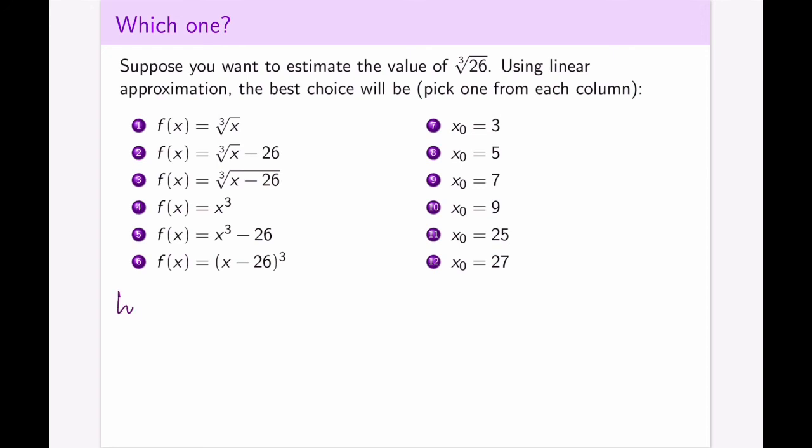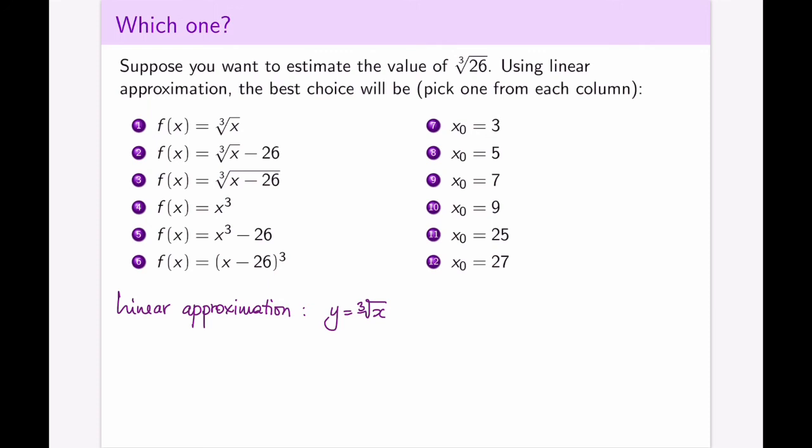Remember that for linear approximation, what we're going to do is come up with a function that looks like the one that we want, and our actual number that we're approximating is going to be the number on the inside. So for the linear approximation, we start off with the function we're given. We don't turn it into a polynomial or anything like that.